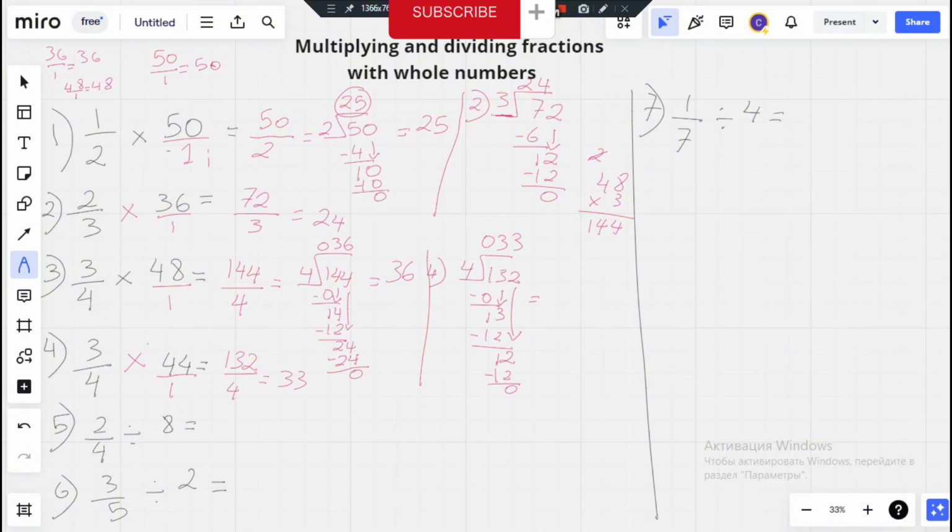Now number 5 is division. Now division, it's going to be a little bit different. First things first, we need to turn it to a fraction. How do we do that? We just put the 1.